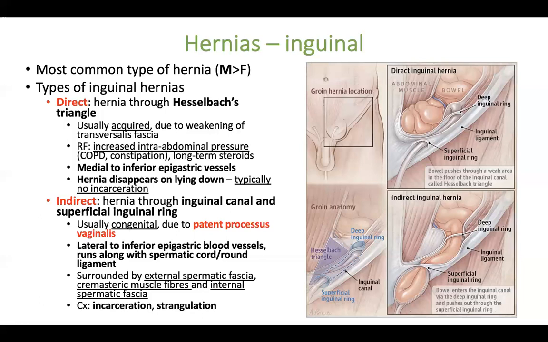Okay. These are some other differentials. We've already covered your varicocele and your saphena varix. In terms of your hydrocele, it's usually fluctuant and you can transilluminate it with a torch underneath. It can be idiopathic, it can be from the patent processus vaginalis, but it can also be secondary.